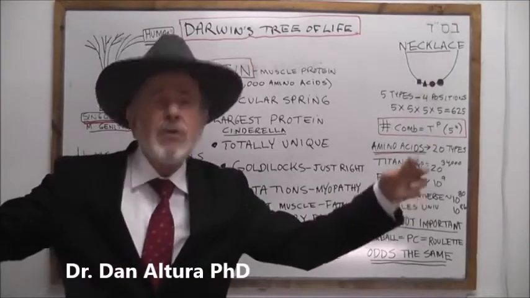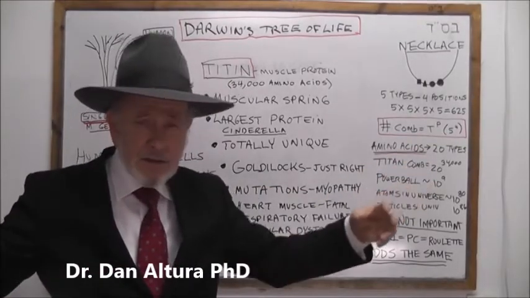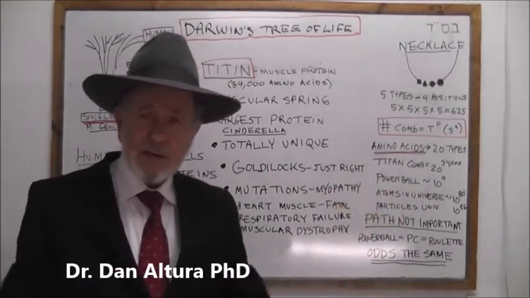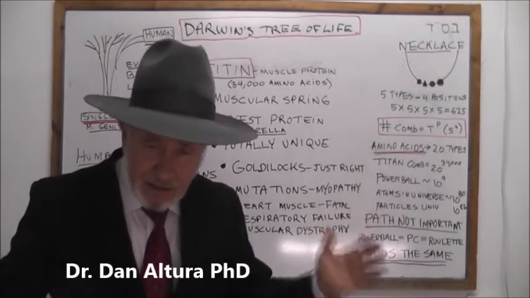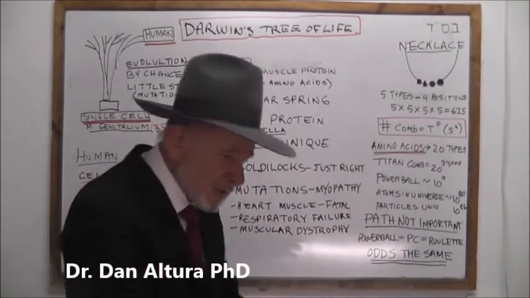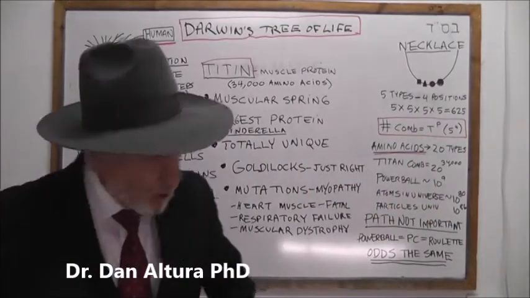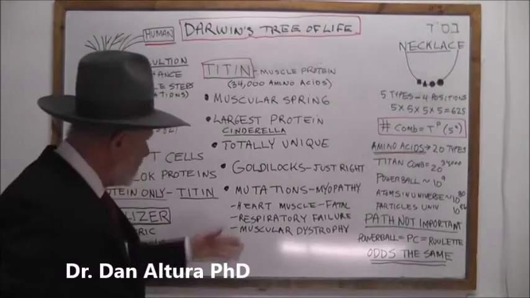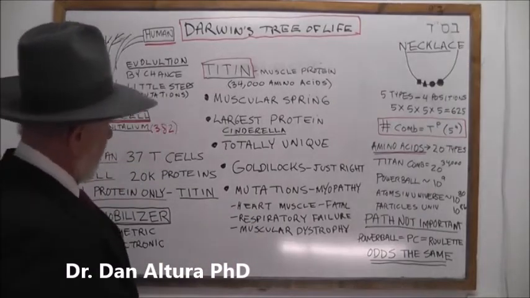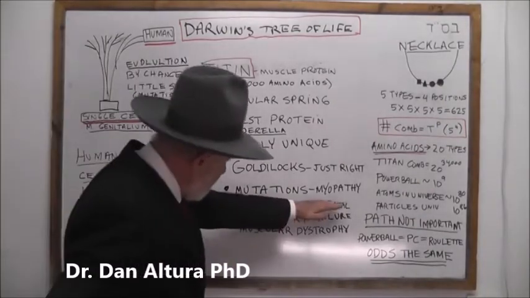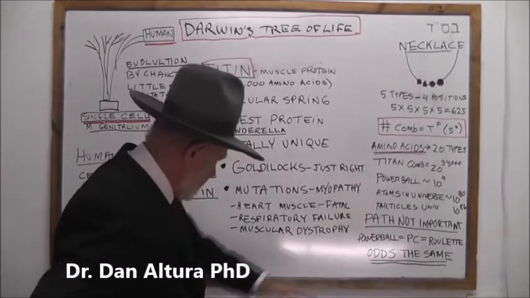Even though we have 34,000 amino acids, every amino acid has to be in the exact correct place. If one amino acid is missing, or if there's one amino acid that is added on in the wrong place, this causes mutations. And this causes what's called muscle diseases, myopathy.